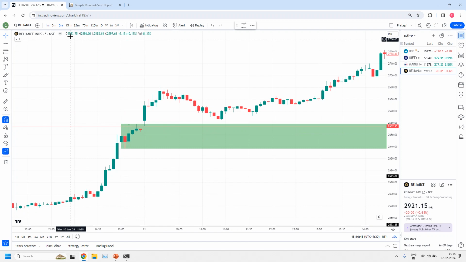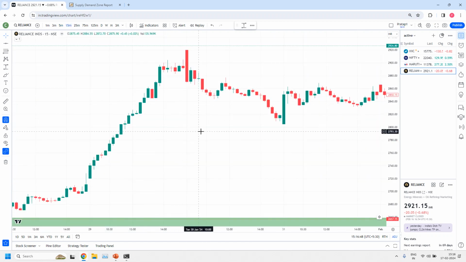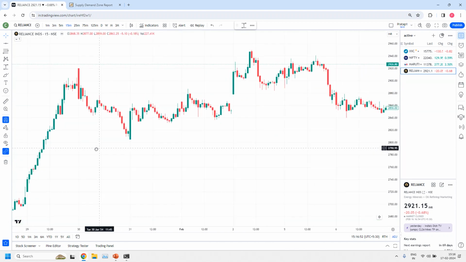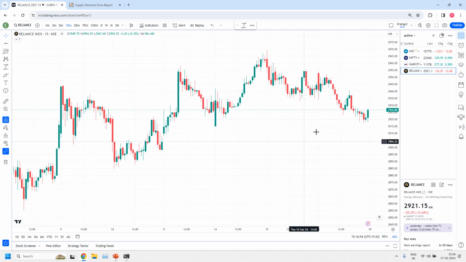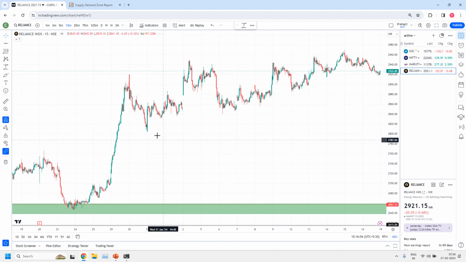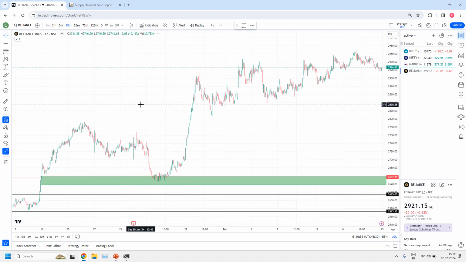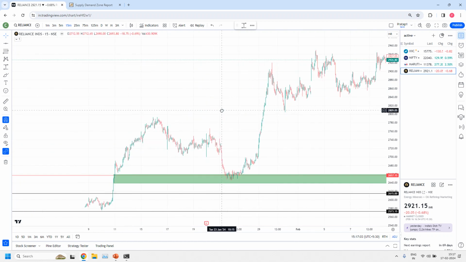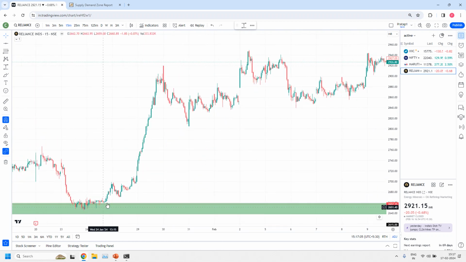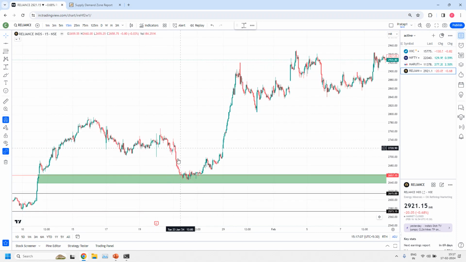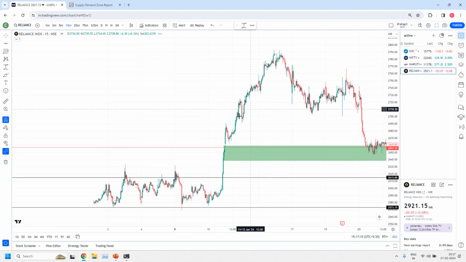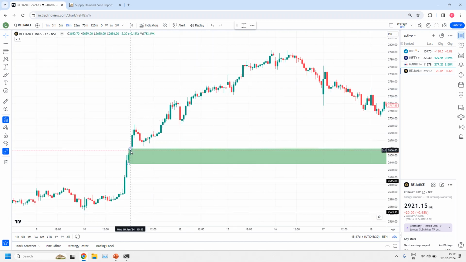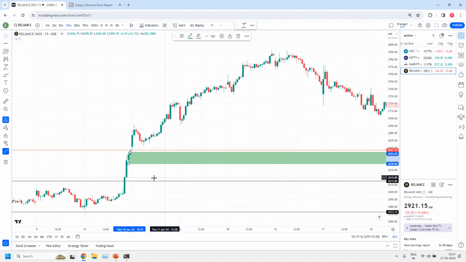Now let me move on to the 15 minutes time frame. So this is the 15 minute zone, and here we got the trade. In case you want to further reduce the risk, you can plan a type 2 entry also.